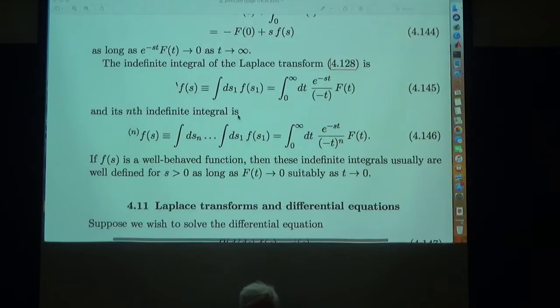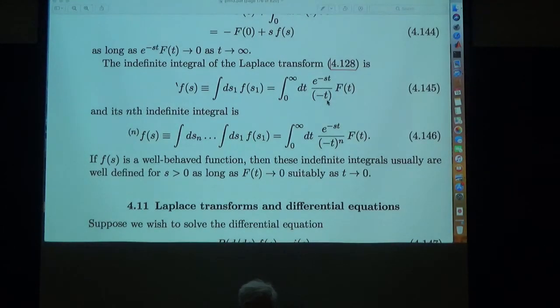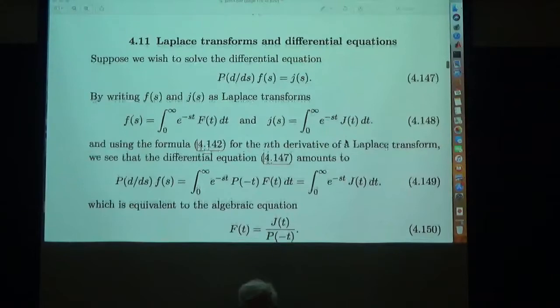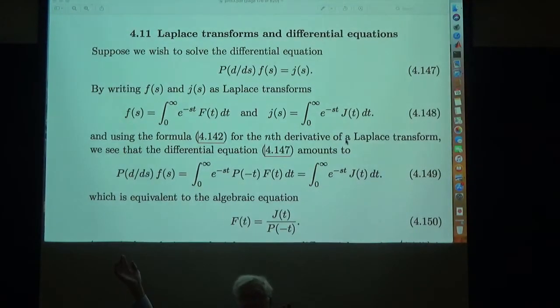And similarly, the integral, well, when you integrate, all you have to do is integrate e to the minus st, you just get 1 over minus t. Do it n times, you get 1 over minus t to the nth power. So, with Laplace transforms, as with Fourier transforms, they're very easy to integrate and differentiate.